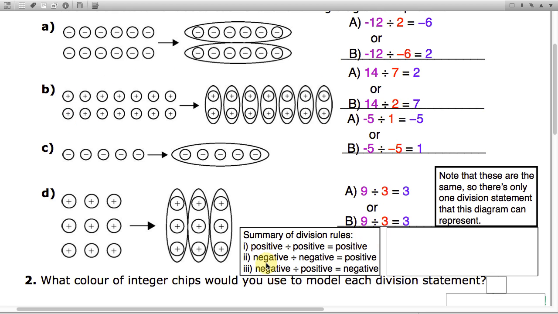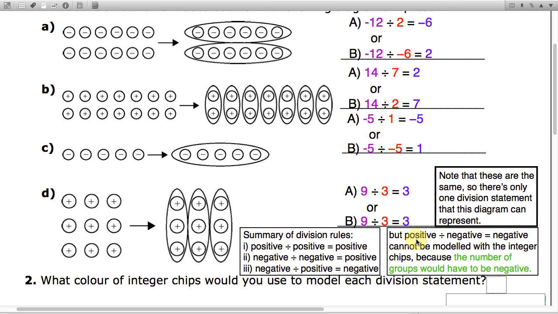We also saw that if you're doing a negative divided by a negative, you get a positive. So here's a negative divided by a negative, and the answer is a positive. And if you do a negative divided by a positive, we got a negative answer. There's one that's missing here.